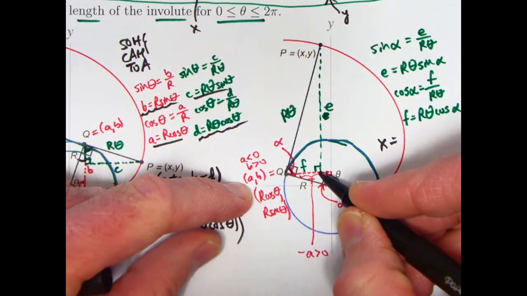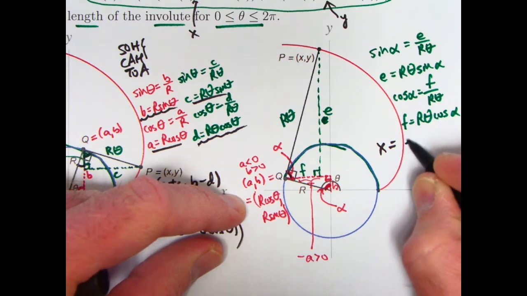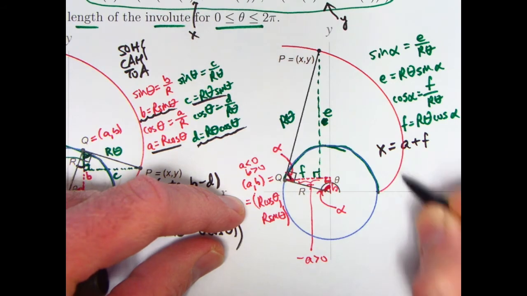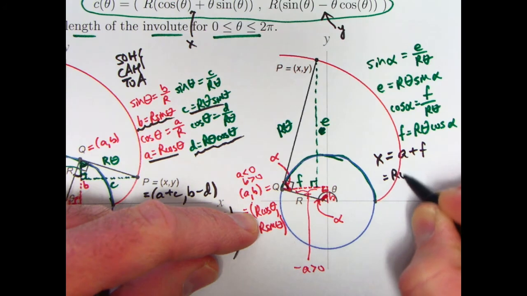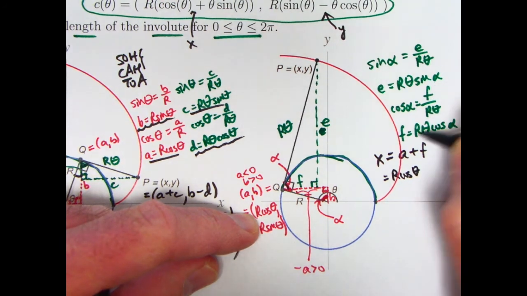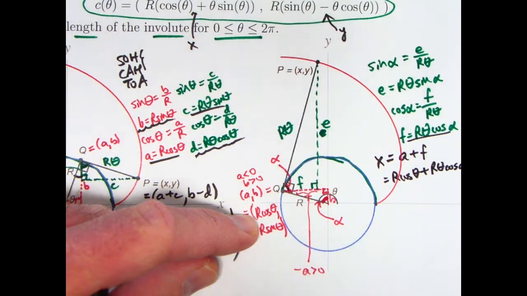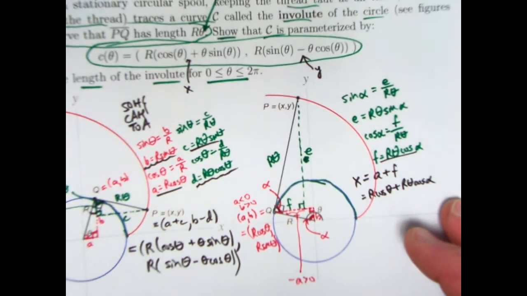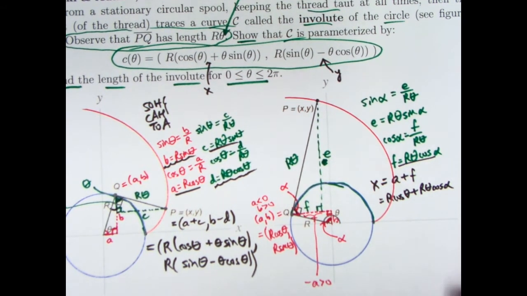Adding on the positive quantity F gives you the first coordinate of P. X is A plus F, though A is a negative number. And that's going to then be A is r cos theta, and F right there is plus r theta cos alpha. But ultimately, the final hardest part is getting cos alpha in terms of either cosine or sine of theta.